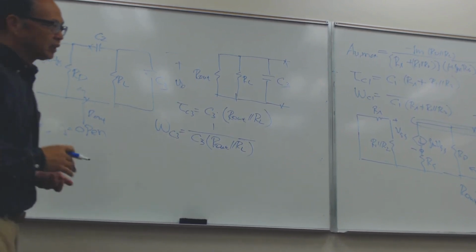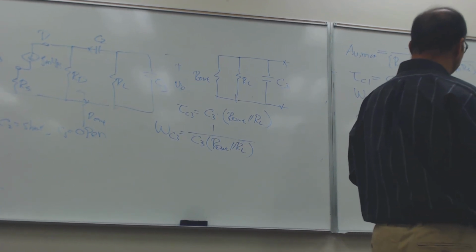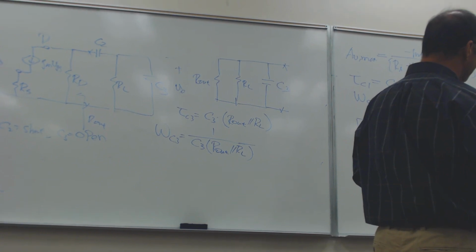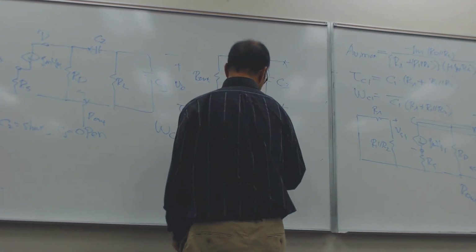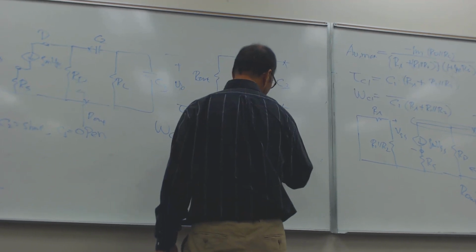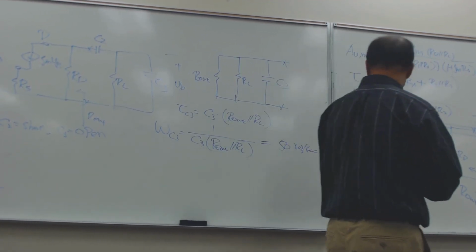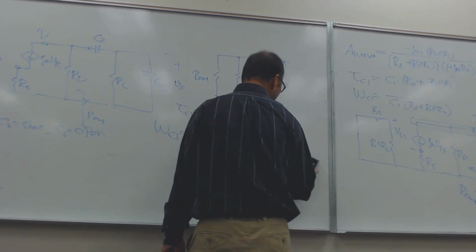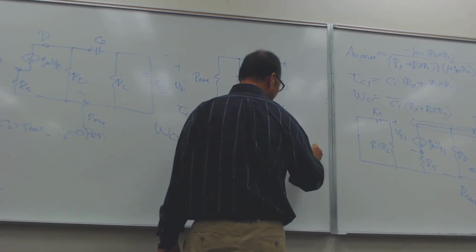So let me just give some random numbers to make it easier to visualize. Okay. So let's say after this, let's say you get this like 50 radians per second. Okay. Oh, this cannot. This must be high. Let's say 10 to the 7 radians per second.